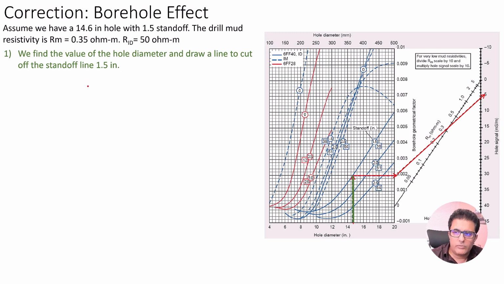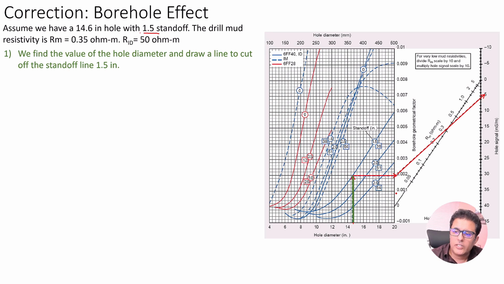So assume that we want to estimate the hole signal for deep reading, and the standoff distance is 1.5 inch. So we're going to draw a line to cut this curve that corresponds to the standoff of 1.5 inch. And then from this point, we draw a perpendicular line to cut the vertical axis.